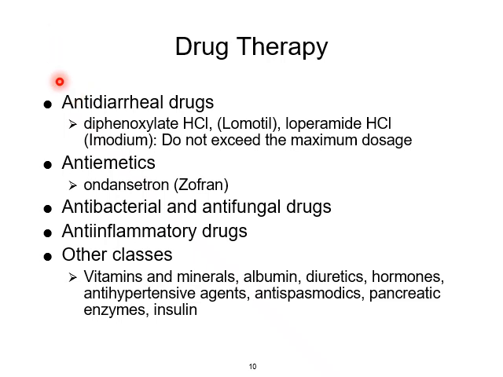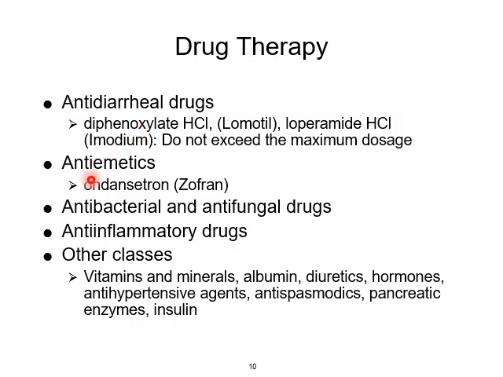More drug therapy, antidiarrheal drugs like the common loperamide or Imodium. That's always the first medication that we would give a patient that has diarrhea. And then if that doesn't work, then we can always give them diphenoxylate or Lomotil.